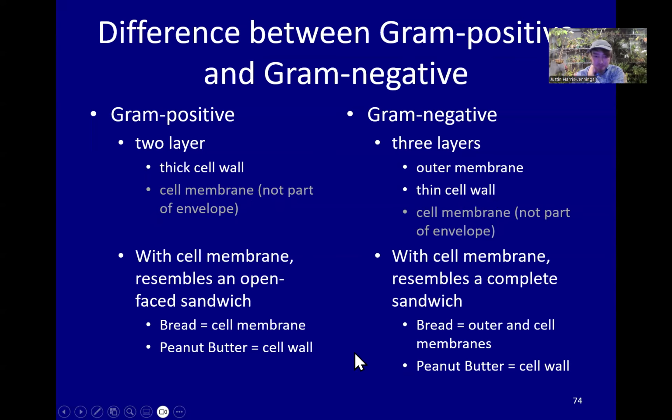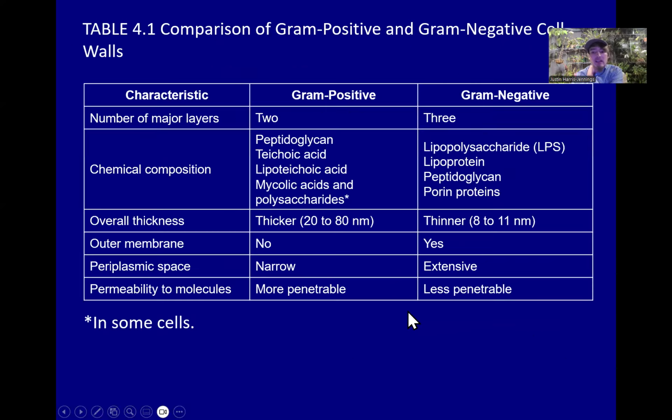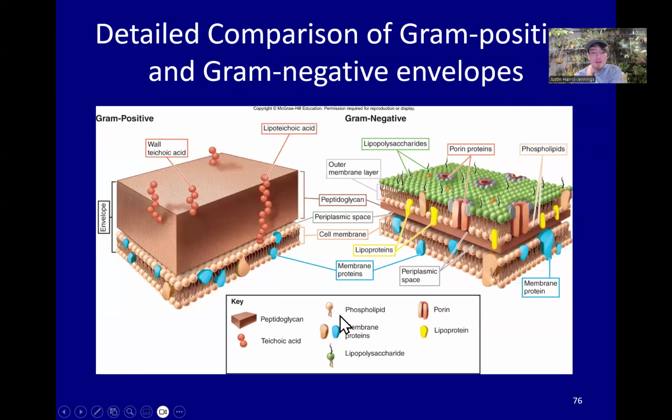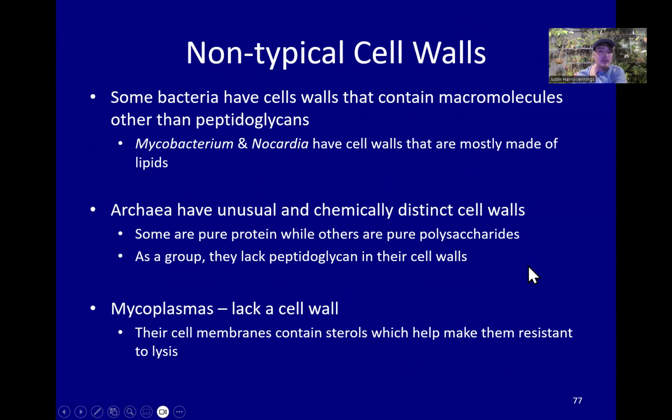And something to keep in mind, we talked about how the gram-negatives have LPS, while the gram-positives have these slightly acidic sugar molecules. So you can kind of see how the structure is different between the two, and you can see the periplasmic space here on both of them. Not all bacteria have these cell walls made of peptidoglycan.